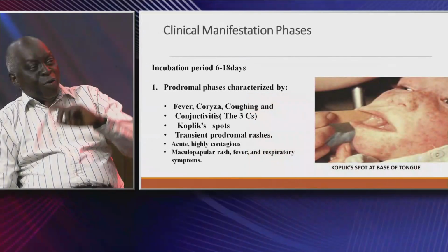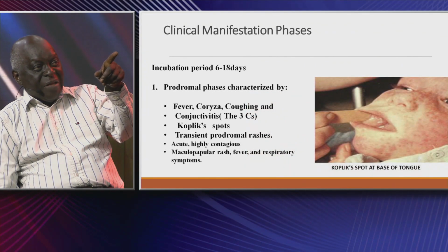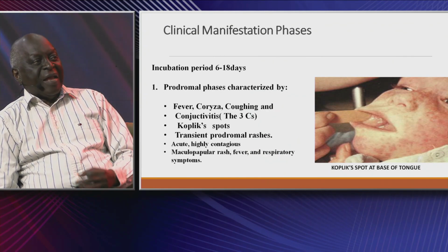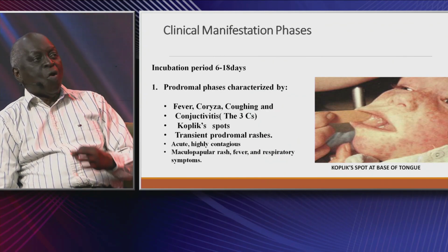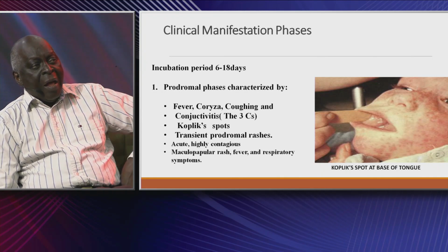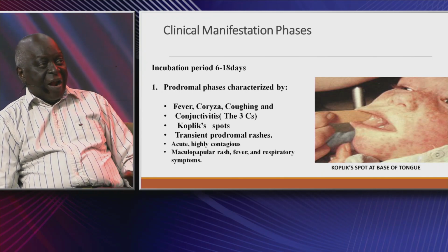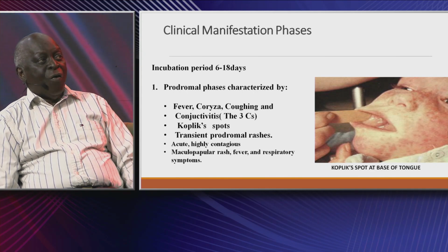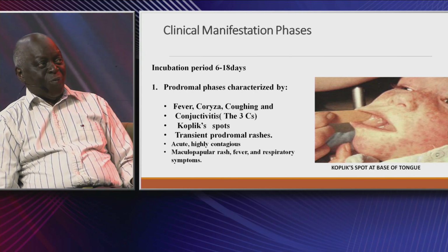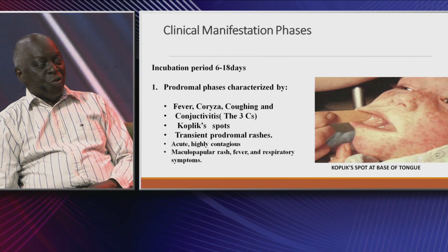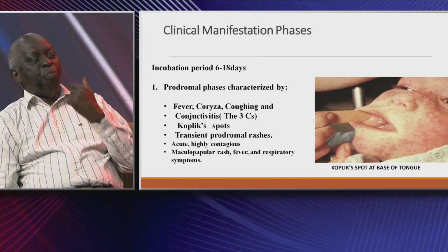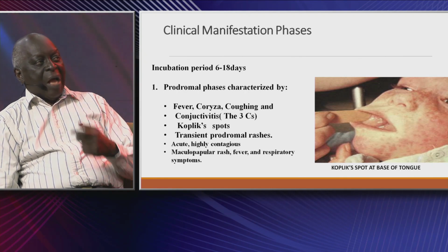And of course, you see at the base of the tongue of this baby, you can see those whitish exudates. That's exactly the Koplik spots. It's only in measles we have this. We don't have it in any other viral disease. Once you see that, probably nurses, doctors, when you are suspecting a child with measles, even before the appearance of rash, you ask the baby to open the mouth and see the base of the tongue.